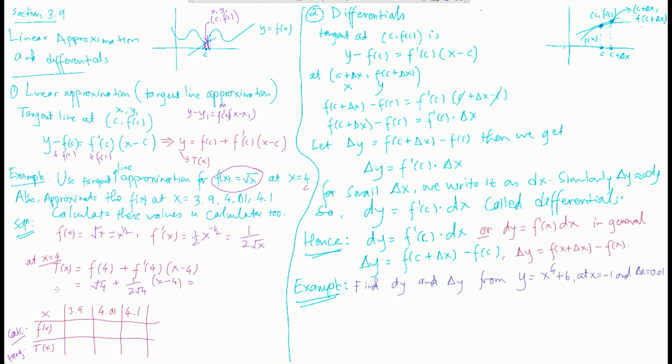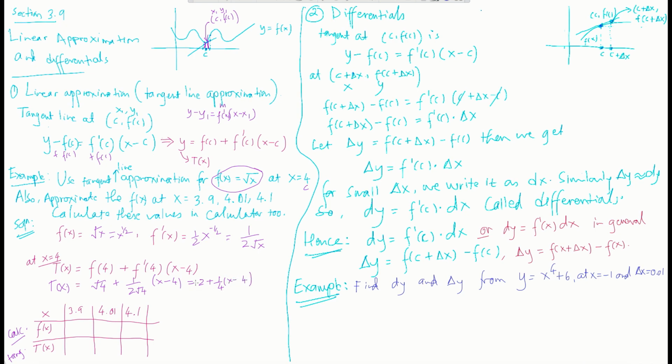So if you simplify this, you will get T(x) equals root 4 plus 1/(2 root 4) times (x minus 4). So this will be 2, right? And then plus, how much is that? 1/2 times 2, that is 1/4, times (x minus 4), right?